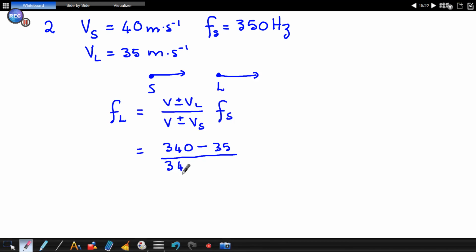What's the source doing? Chasing after it. What's he going to do? Wants to make it higher, so he's also wanting to increase it. Am I right? So this must be minus again. Times 350.